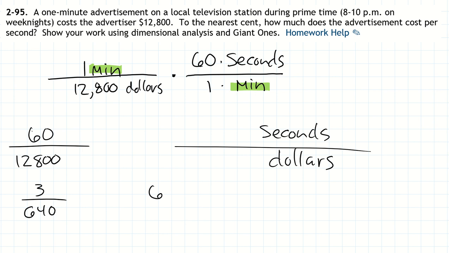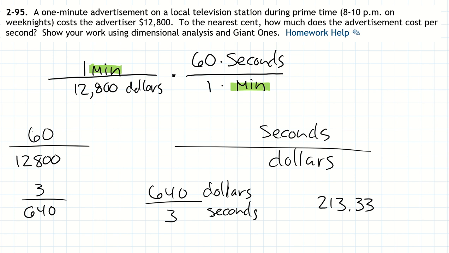I can say 640 over 3, so it's $640 per 3 seconds. And then I can convert this in my mind more easily to a unit rate by just taking 640 divided by 3, and I get $213.33.